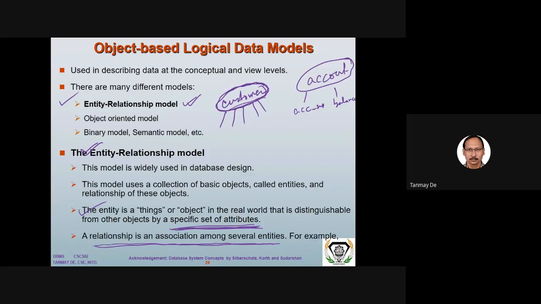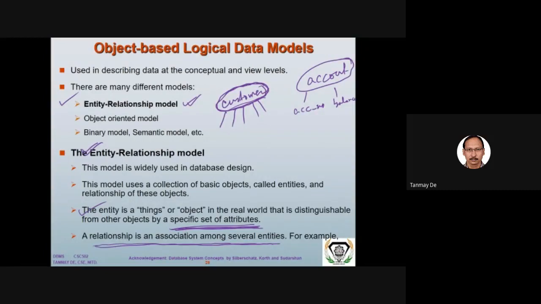And in account, a number of accounts are there. A single account is called the account entity, and the set of all the accounts, that is the set of the same type of entity, is called the entity set.